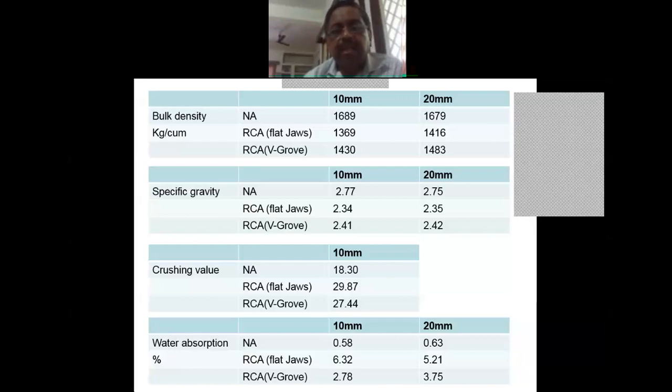That's why standardizing RCA in practice is a little difficult, and that's why its use has been restricted in the IS code also. Once we understand the properties, we can at least make some standardization, and only then can we go for a higher percentage of recycled aggregate in our concretes.